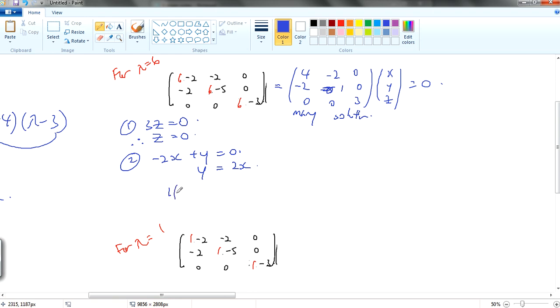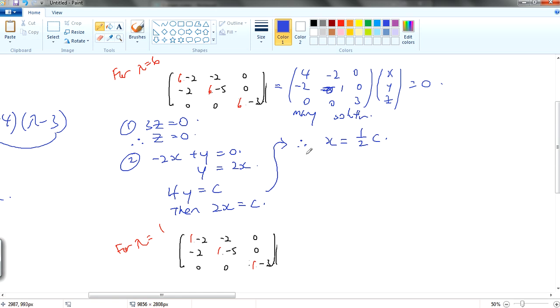Then if y equals any constant c, then 2x equals c, right? Because y equals c, then 2x equals c. Therefore, x equals half c. Okay, this is a very important method. Please remember.